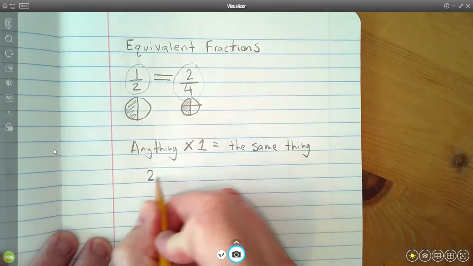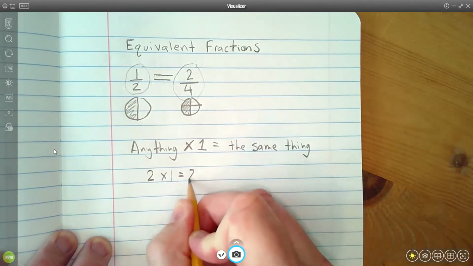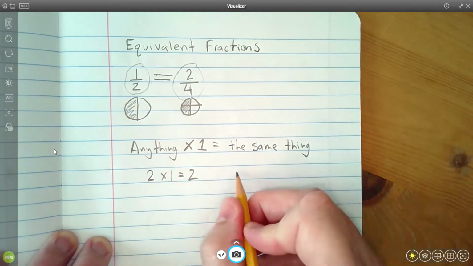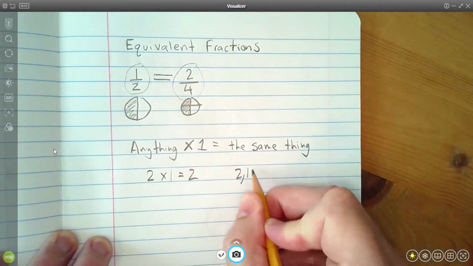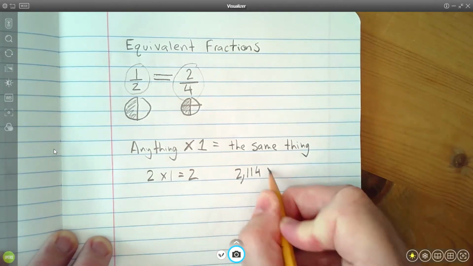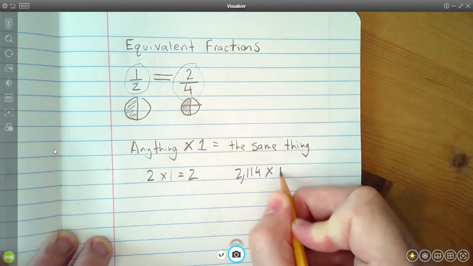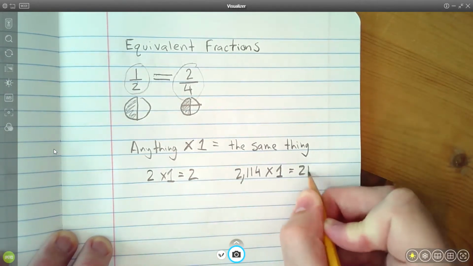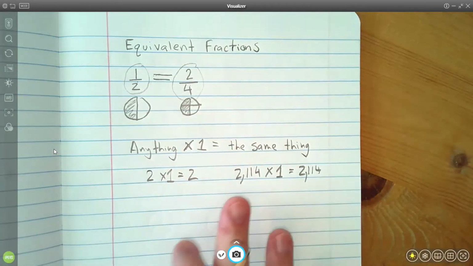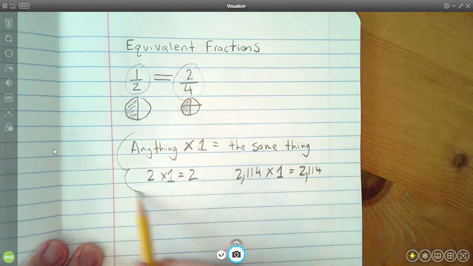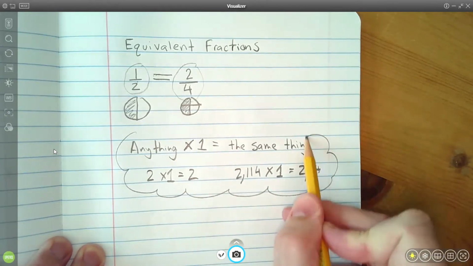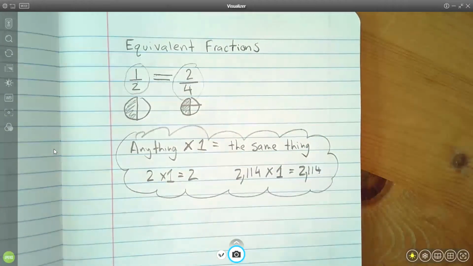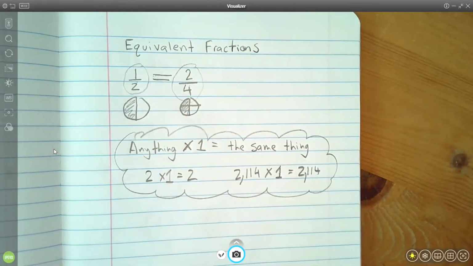So 2 times 1 equals 2. 2,114 times 1 equals 2,114. We know this. We've learned this one already, right? So accept that as math law rule number 1 here.